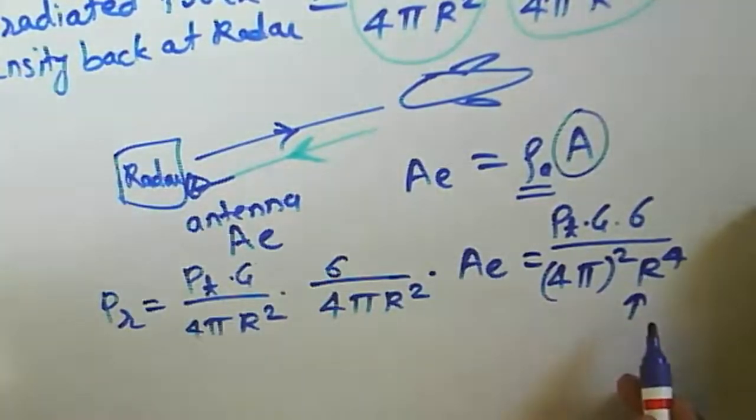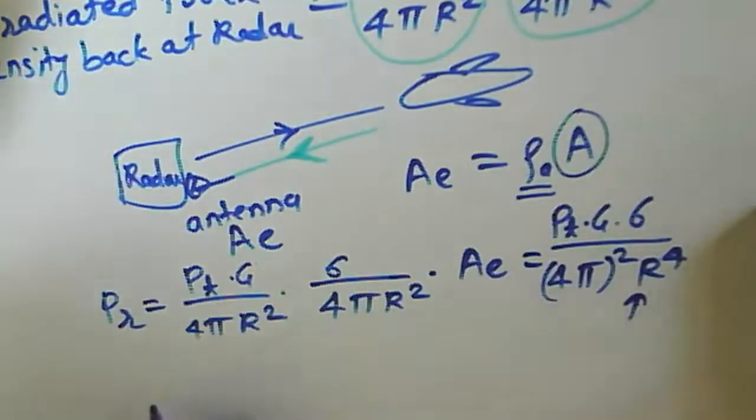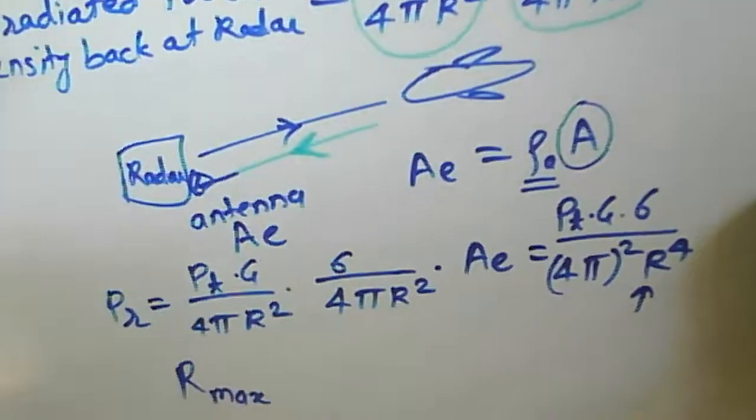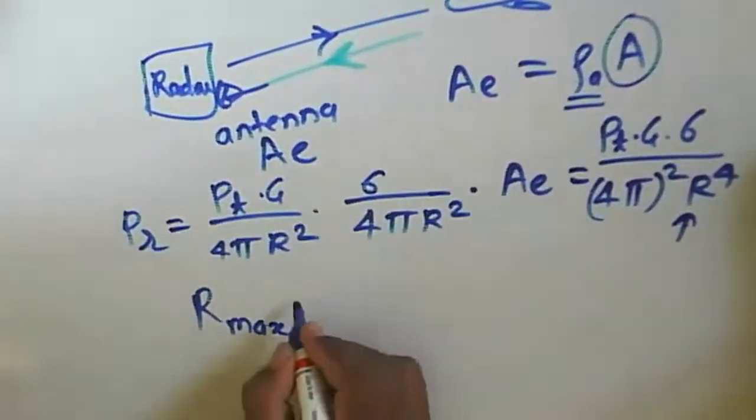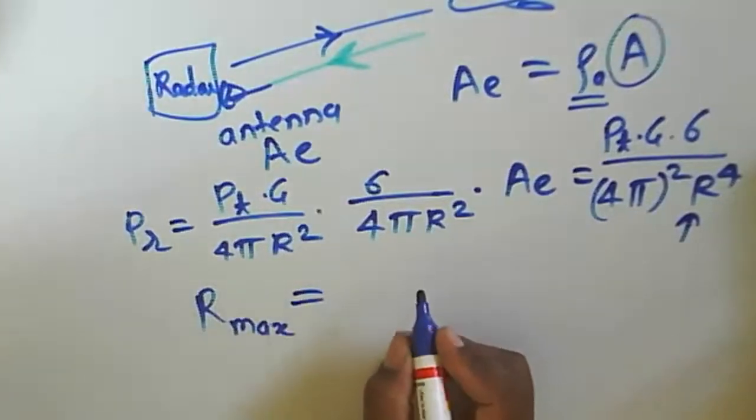And from this, what will be the maximum range of the radar? So that can be calculated. R is the range of the radar, so we can say that the maximum range R max is equal to what?